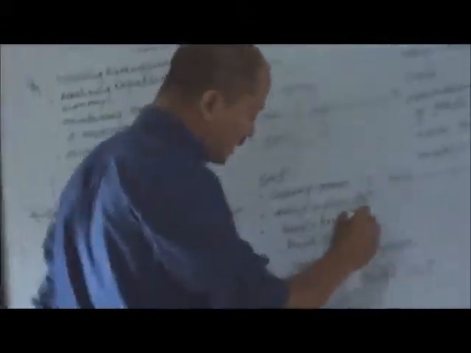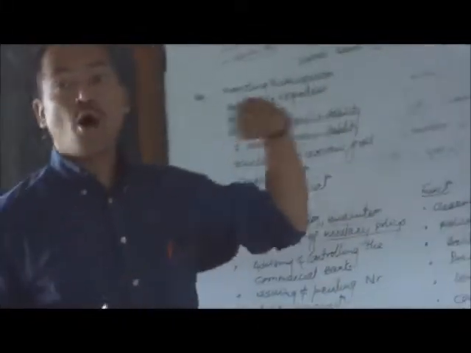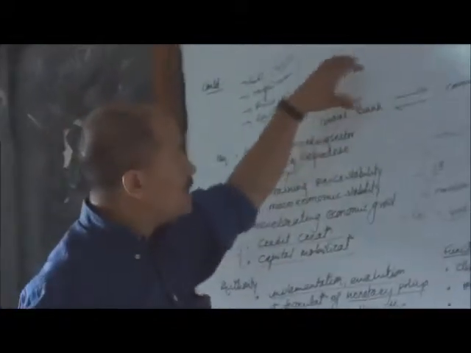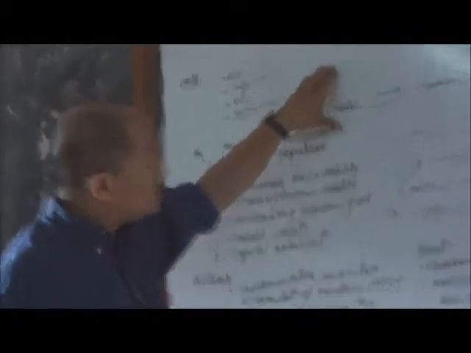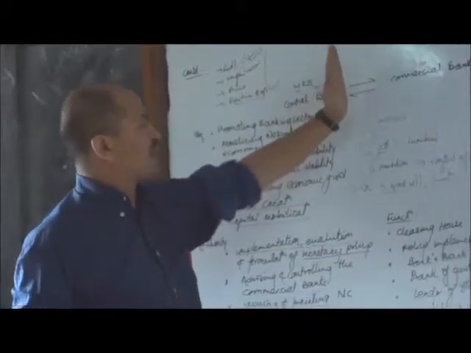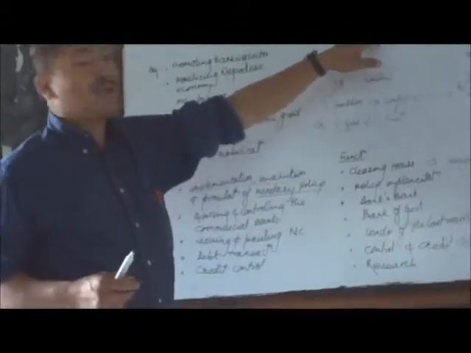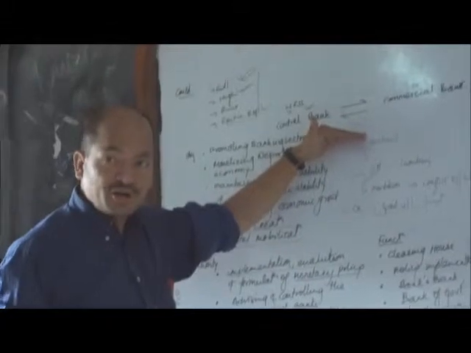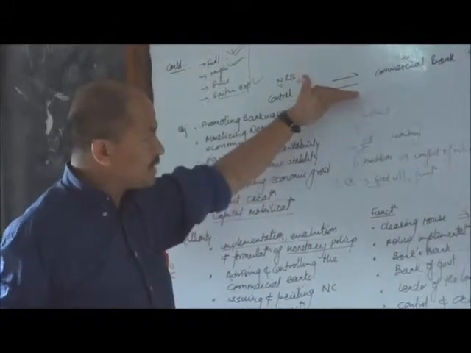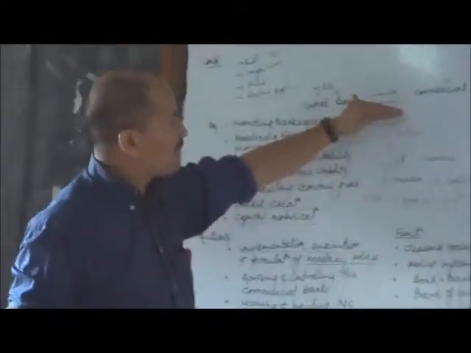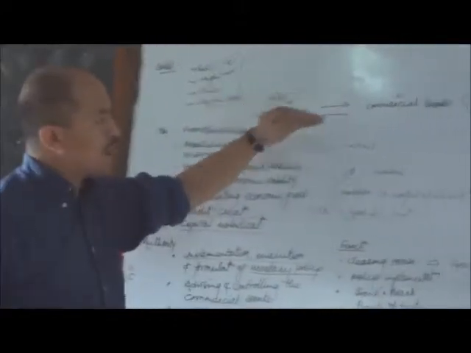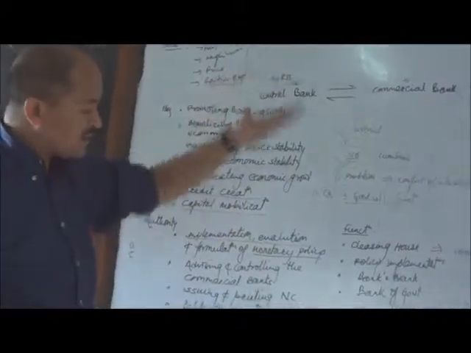Bank of the banks: if you observe here, all the commercial banks open accounts in the central bank, and whatever the central bank instructs, commercial banks follow. Commercial banks keep certain types of reserve ratio, the cash reserve ratio, and also follow the instructions about the bank rates and other different things.